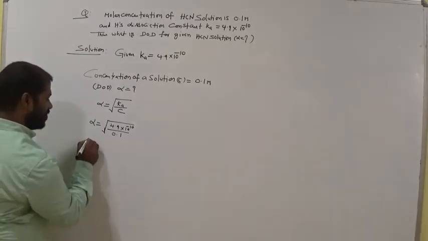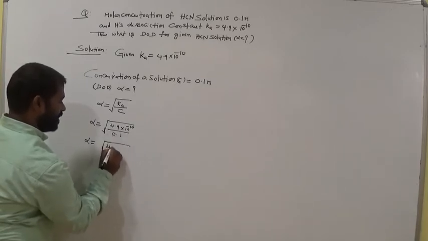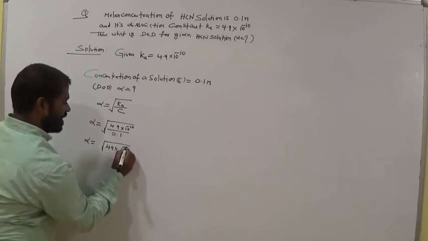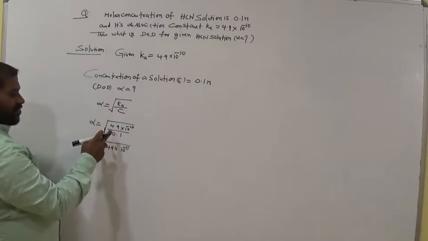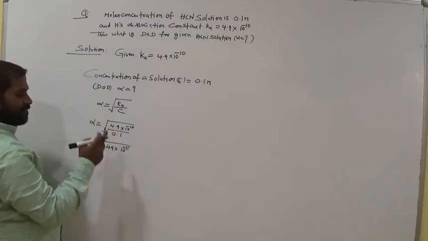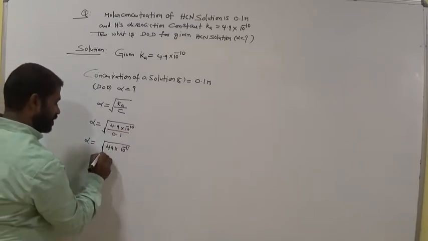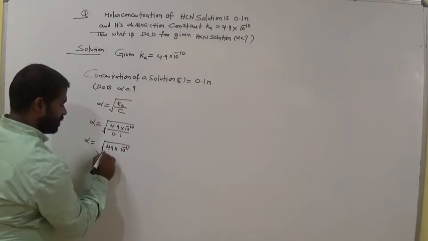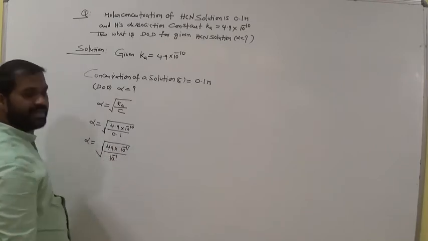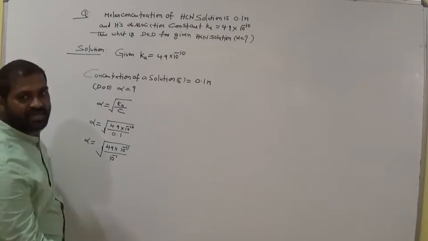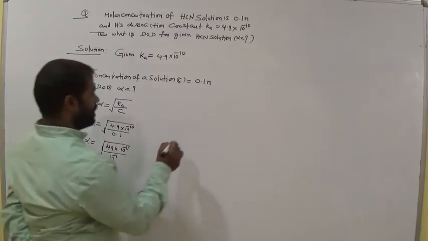Now alpha is equal to the square root of 49 into 10 power minus 11, can I write? 4.9 can be written as 49 into 10 power minus 1, so 10 power minus 1 into 10 power minus 10 is 10 power minus 11. And 0.1 means 1 into 10 power minus 1, which is 10 power minus 1.